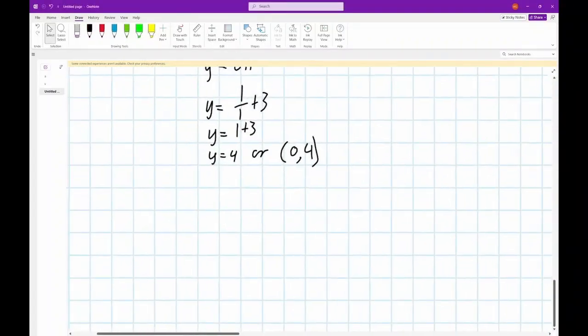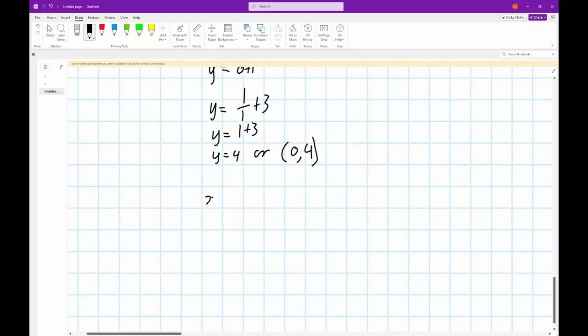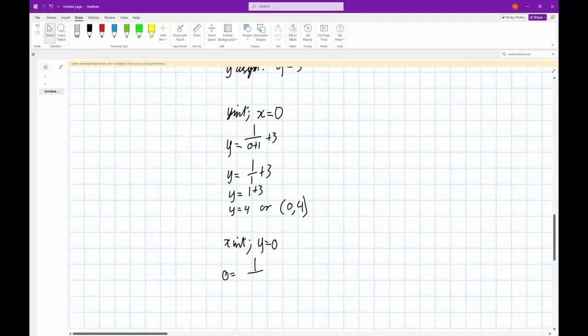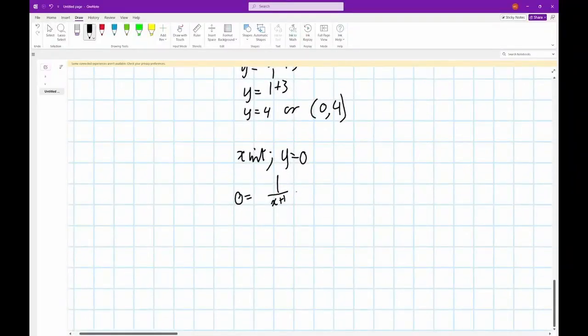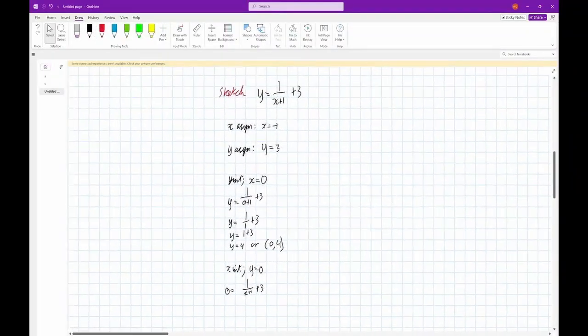And then after we've found our y-intercept here, we of course have to find the x-intercept, of which there will be one. X-int: what does y equal at the x-intercept, guys? It equals 0, of course. And so 0 is going to be equal to, well, what was our original equation there? 1 over x plus 1, plus 3. Okay, cool.